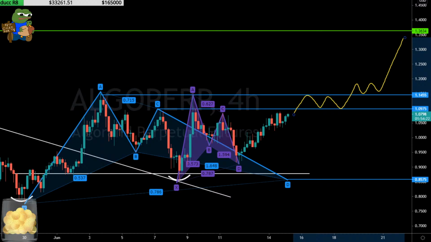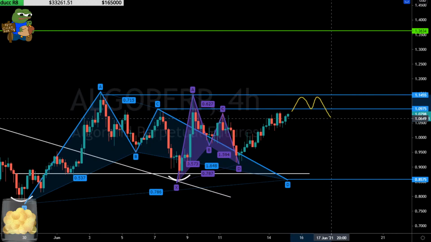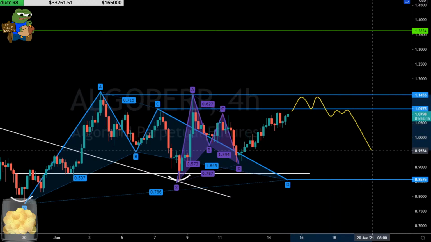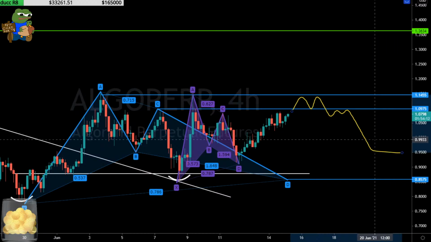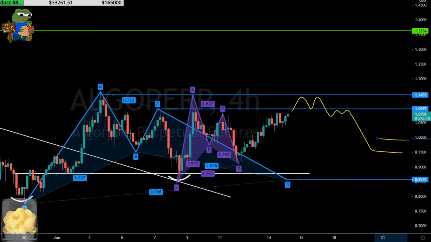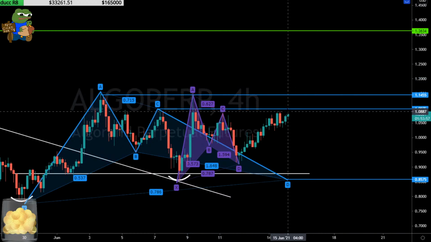But again, if we fail here, even if you get into it but then fail out, you're going to find yourself probably back at the $1 to 95 cent area. It would still be a higher low here, so it's not the end of the world, but there is the potential for retracement if Bitcoin can't get above 41.